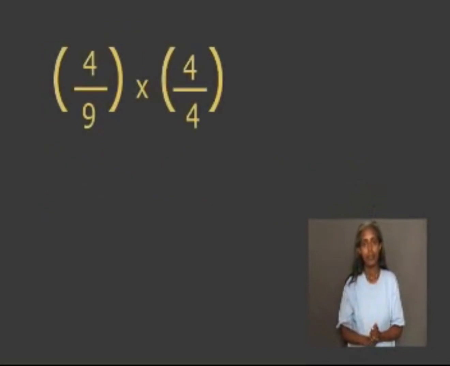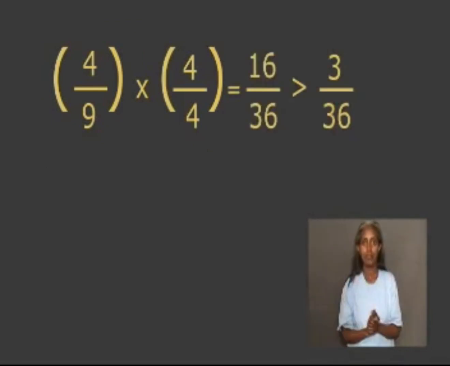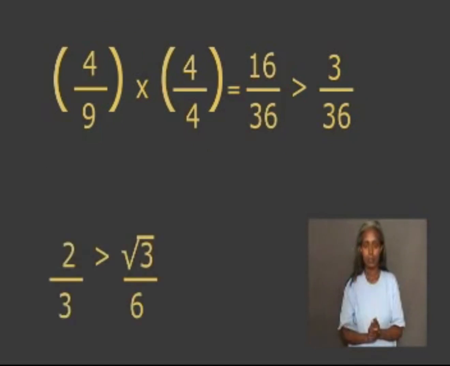By multiplying 4 over 9 by 4 over 4, we can compare the two fractions. 16 over 36 is greater than 3 over 36. Therefore, 2 over 3 is greater than the square root of 3 over 6.